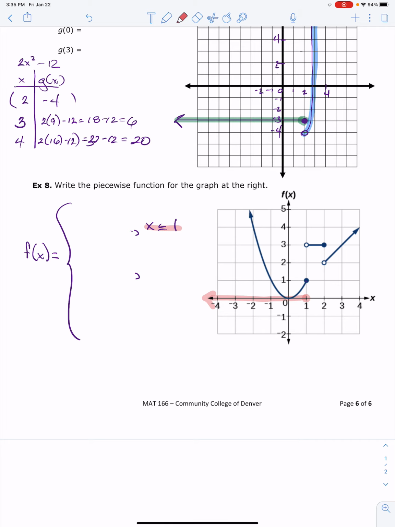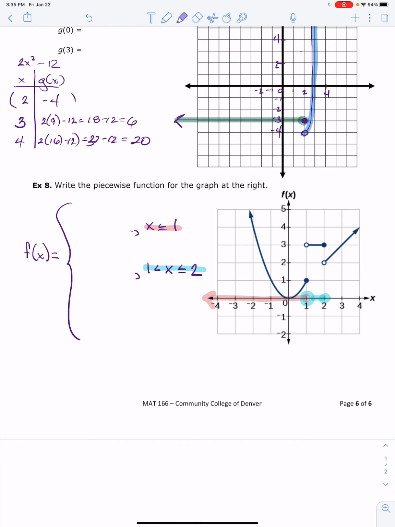I have open at 1 and up to 2. So I've got 1 less than x less than or equal to 2, kind of tight in there.